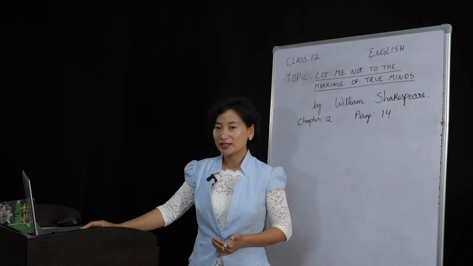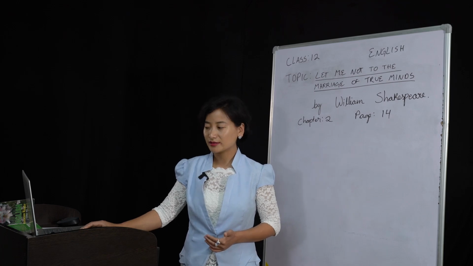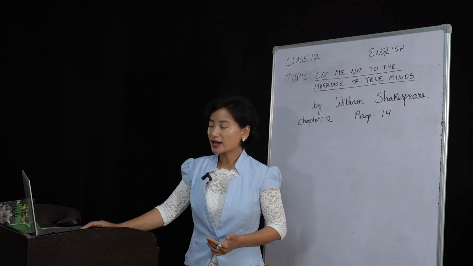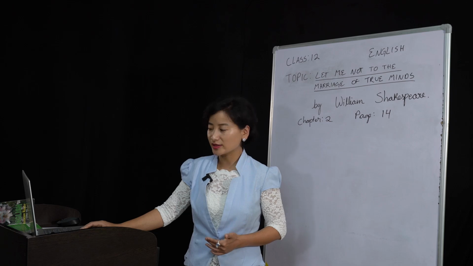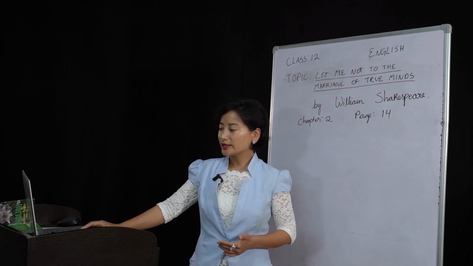It is like a star which is constant and guides the lovers. The next point, wandering bark: the star acts as a compass to the sailors in the ship. I think I've already explained that, so we would move on. The next point, worth.